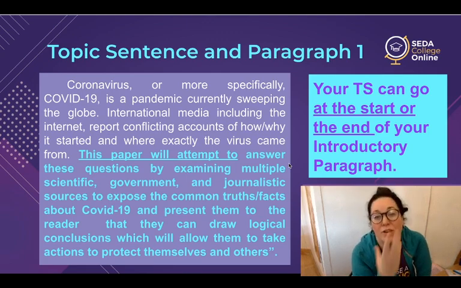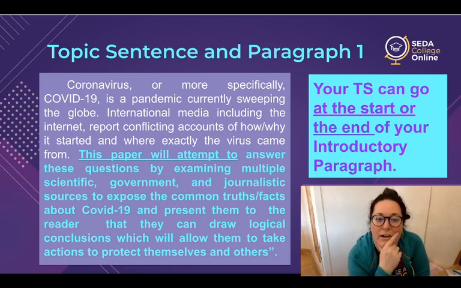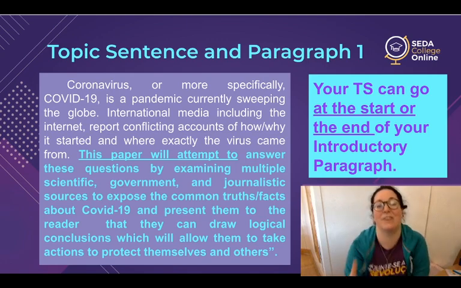So what direction could we go with this, with the methods that we've explored? Coronavirus, or more specifically COVID-19, is a pandemic currently sweeping the globe. International media, including the internet, report conflicting accounts of how or why it started and where exactly the virus came from.